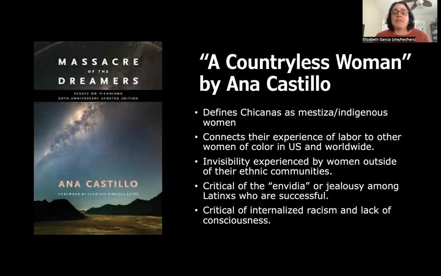She also talks about the invisibility experienced by women outside of their ethnic communities. There's that part where she talks about how when she lived in Chicago, within her ethnic enclave, she felt comfortable, she felt safe, but whenever she went outside of that space, she felt like she was invisible.